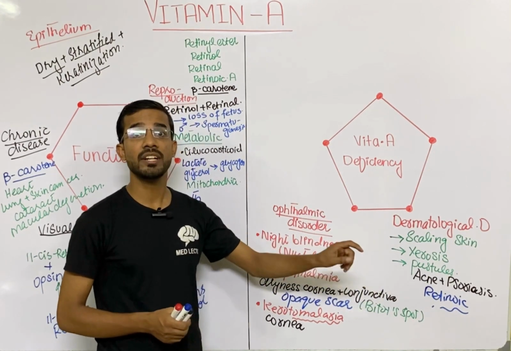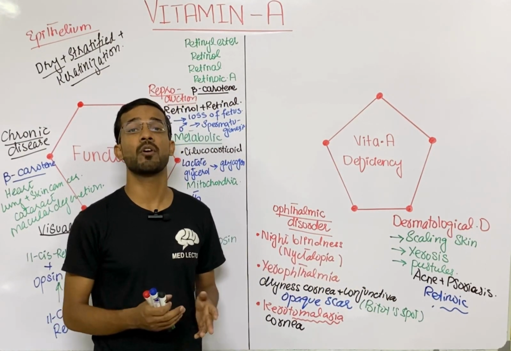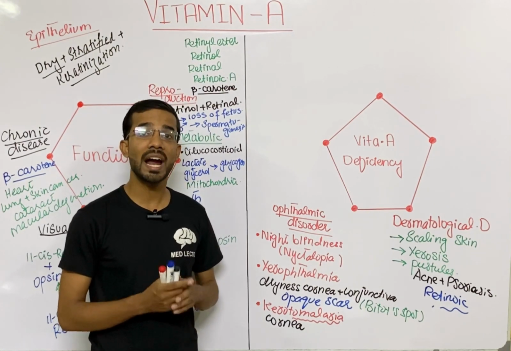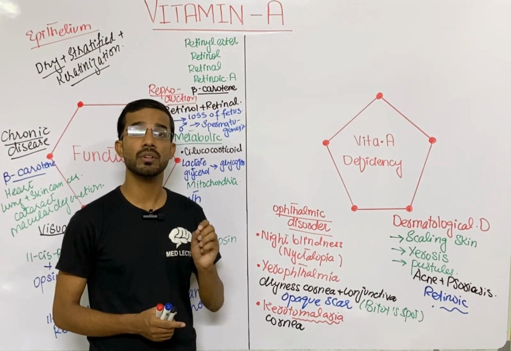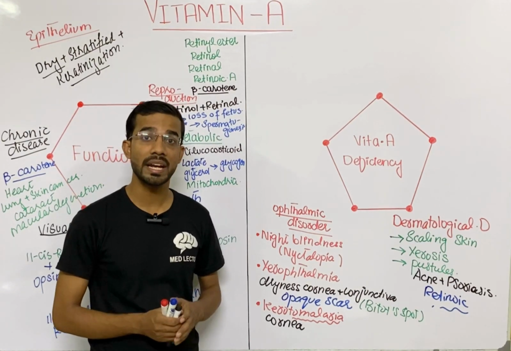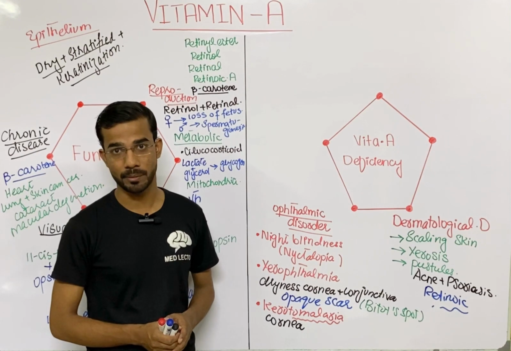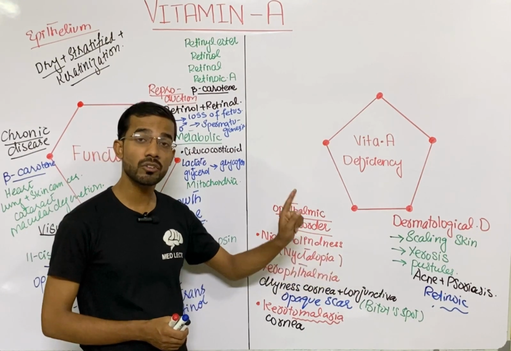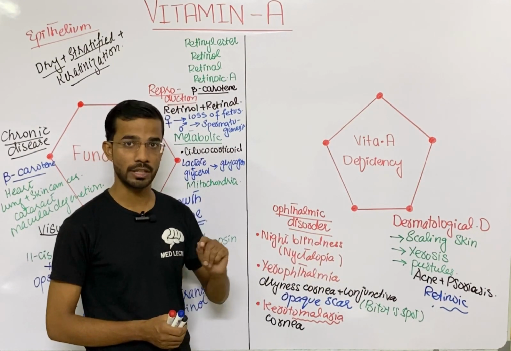Retinoic acid is teratogenic. It creates abnormalities in pregnancy, so pregnant women should not take retinoic acid, because it creates abnormalities in the baby. That is a contraindication in pregnancy.